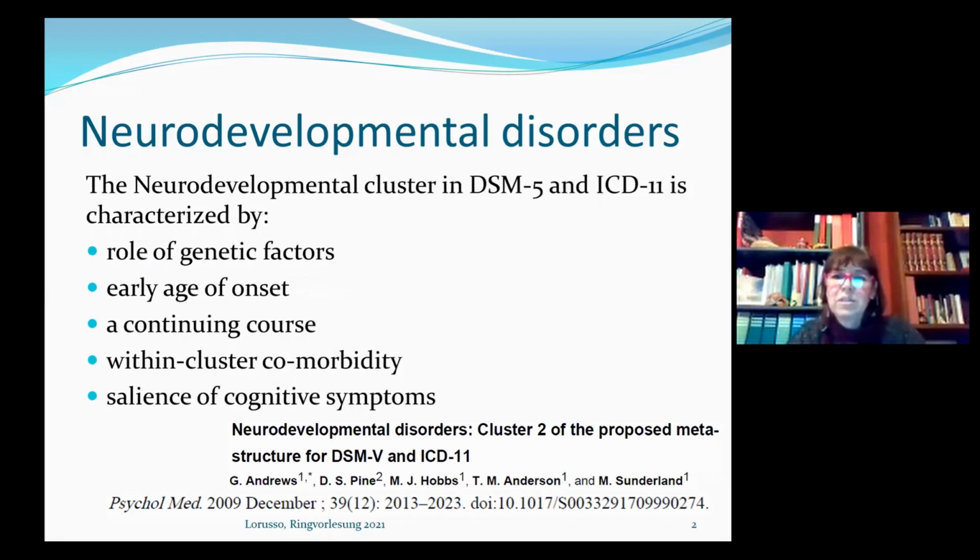The neurodevelopmental cluster in DSM-5 and in ICD-11 is nowadays characterized by a special attention to the role of genetic factors, to the early age of onset, which is one of the requirements in order to make a diagnosis of a neurodevelopmental disorder, a continuing course of the disorder, the presence of comorbidity within cluster, so the presence of multiple manifestations of the same disorder in different domains, and the salience of cognitive symptoms.